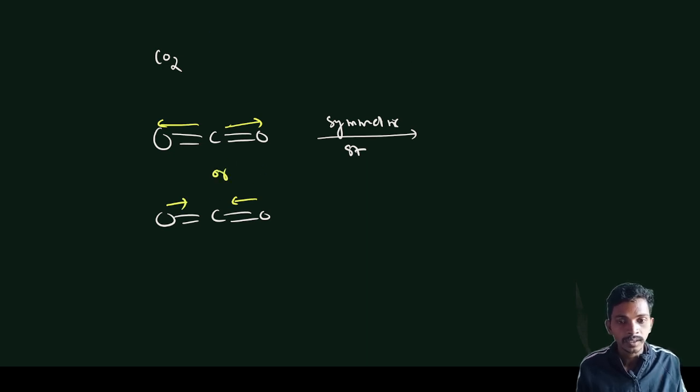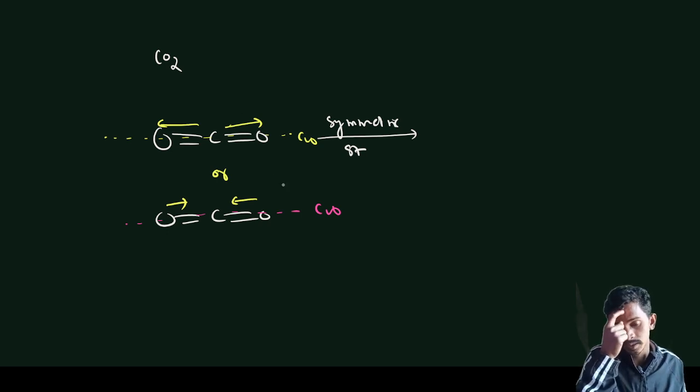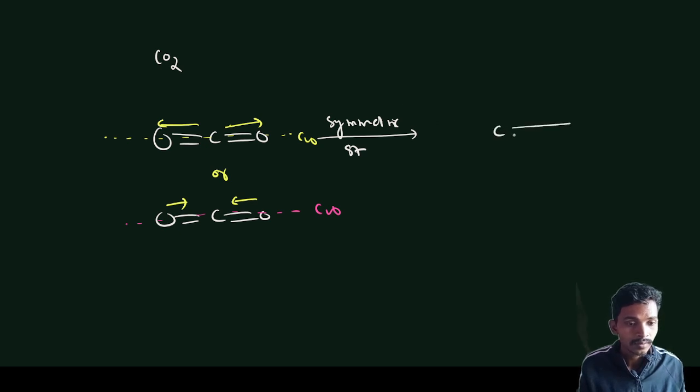We already discussed in group theory that the principal axis here is C infinity. So whenever I do that stretching, it becomes like this.